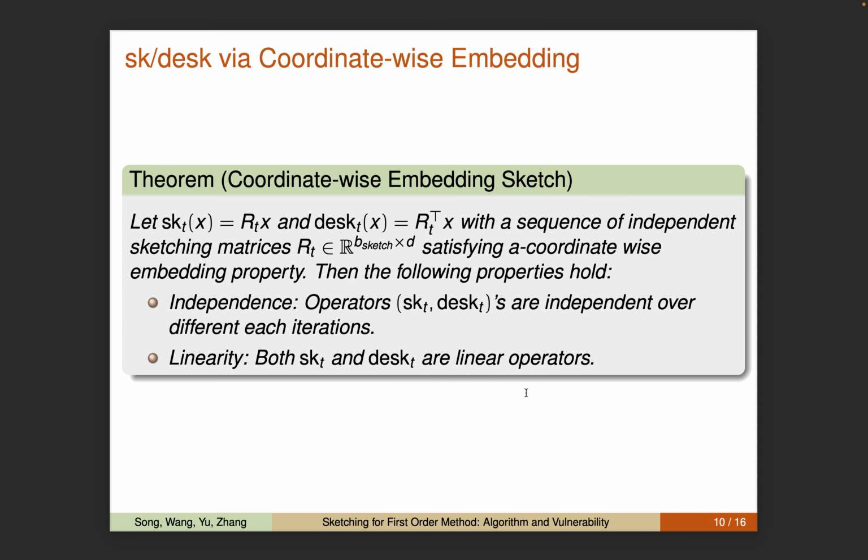If we set the sketching operator as R times X and d-sketch as R transpose X, where we choose a sequence of independent sketching matrices denoted by R of T, then these operators are independent of each other. Moreover, a very important and good structure we have is that both of these operators are linear.